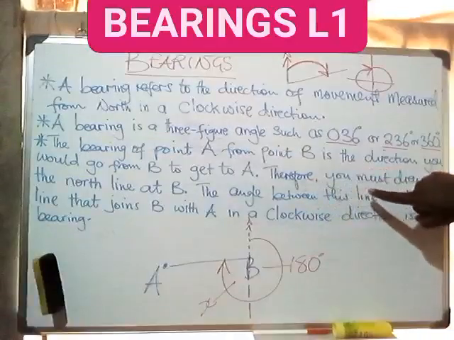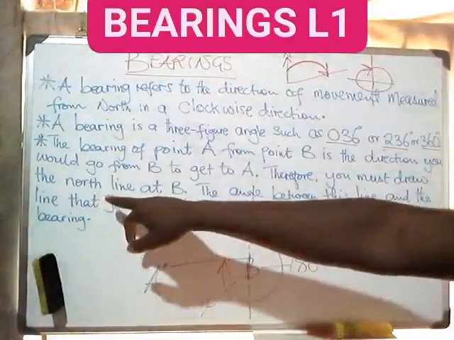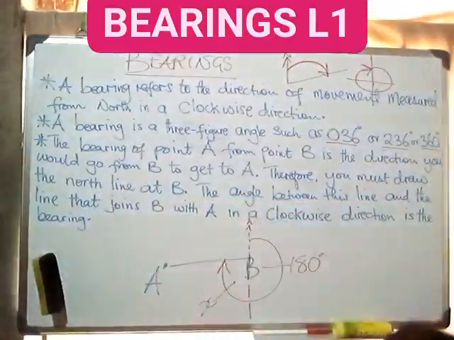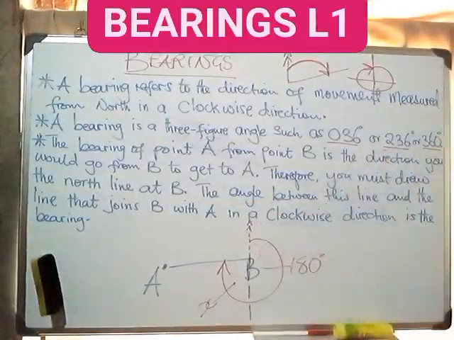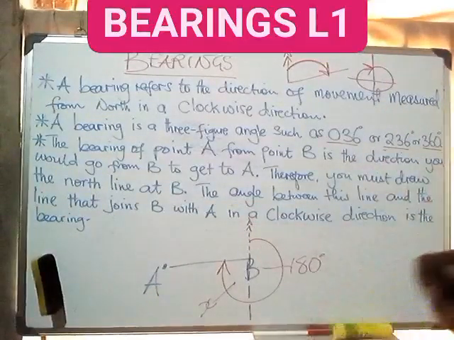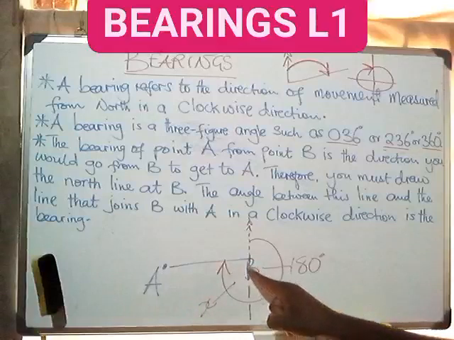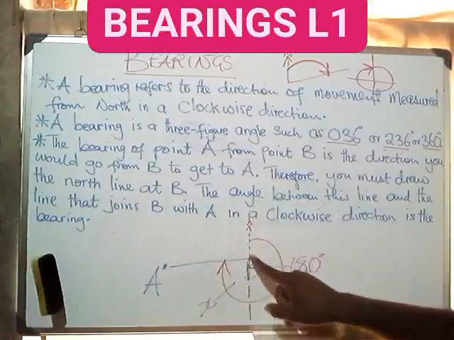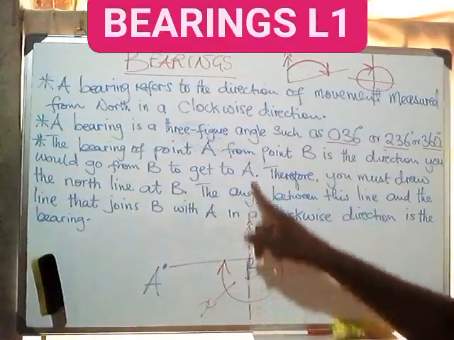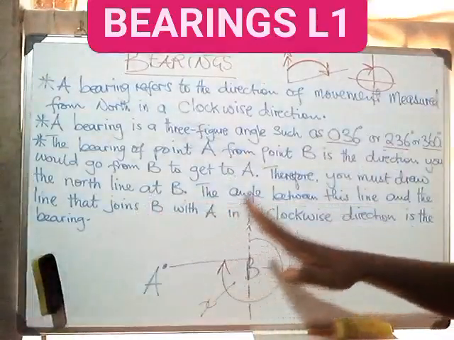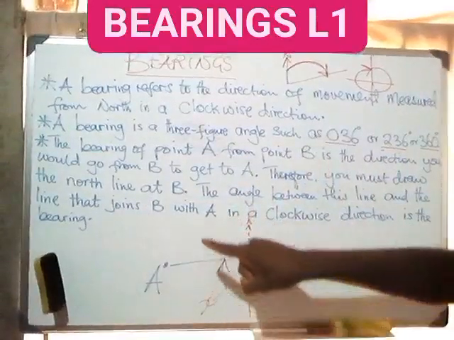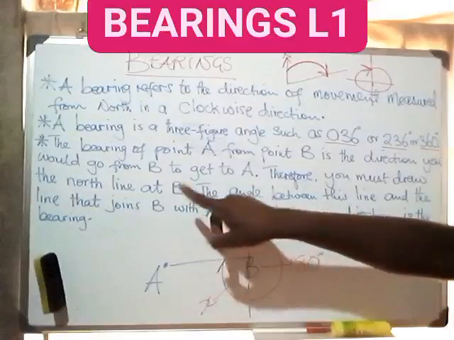So therefore, you must draw the north line at B. This is the north line I've drawn at B, the line which has gone above B, perpendicular to the horizontal.